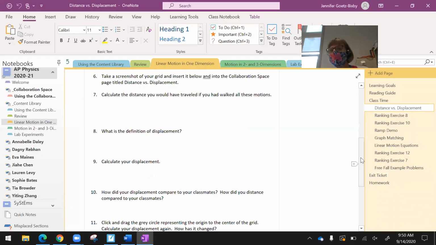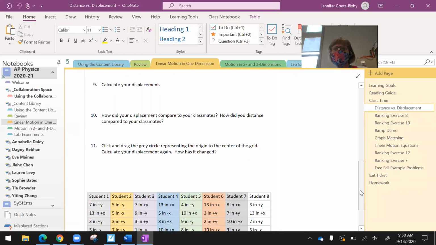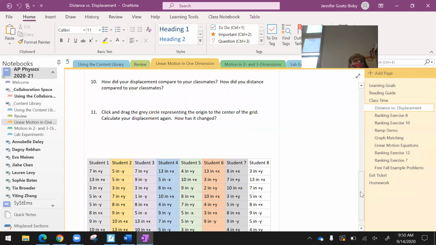So let's see, were there any other questions here that we have not answered? So number 11 here, what do you think is gonna happen if you click your origin and move it someplace else? I don't want you to redo your measurements, but what happens if you just move your origin? What's gonna happen, Lauren?